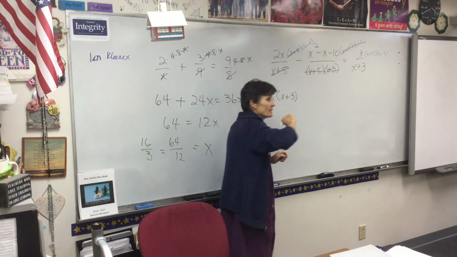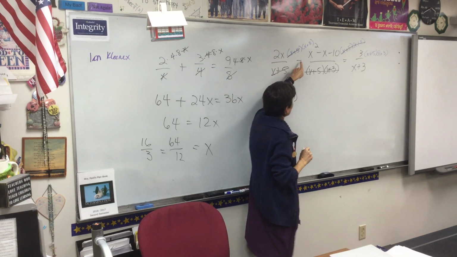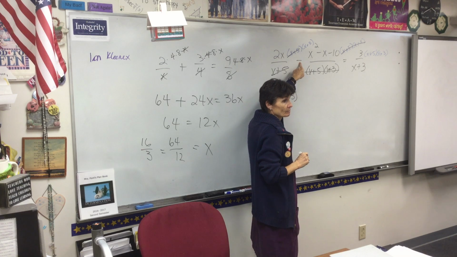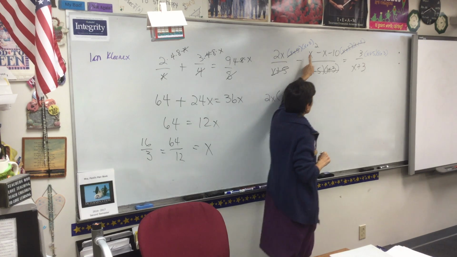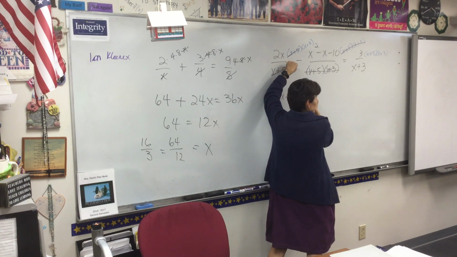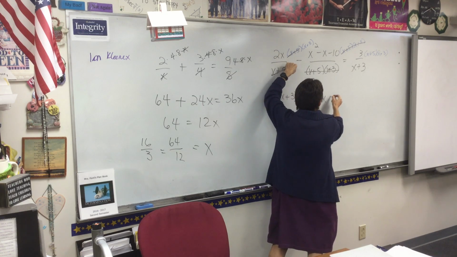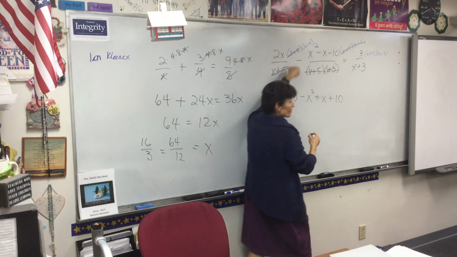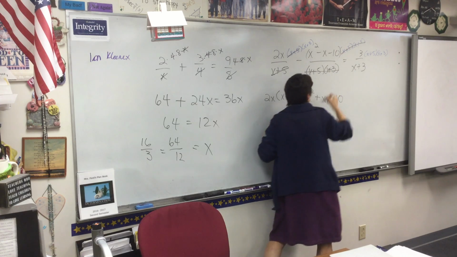This is tricky, be careful. See this minus right here? We're subtracting that whole term. So this is going to be minus x squared plus x plus 10. We are subtracting that whole term.